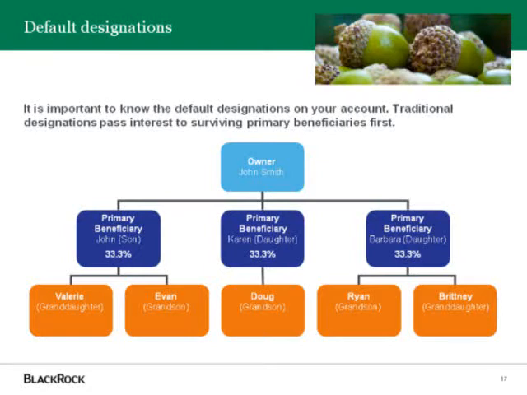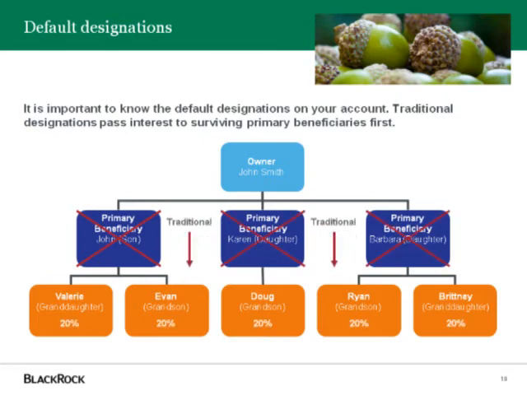In most designations, if one of the primary beneficiaries predeceased him or disclaimed their interest, their share would go to the other primary beneficiaries. All primary beneficiaries would generally have to be out of the equation before any contingent beneficiary receives anything.